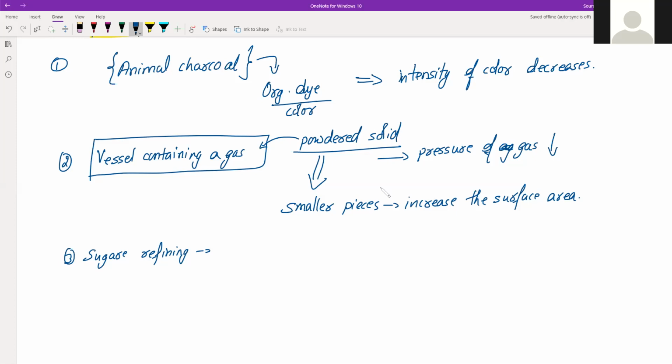You must have seen organic sugar nowadays, which is very common. This raw sugar is light brownish in color, but the refined sugar is pure white. They are actually white crystals.